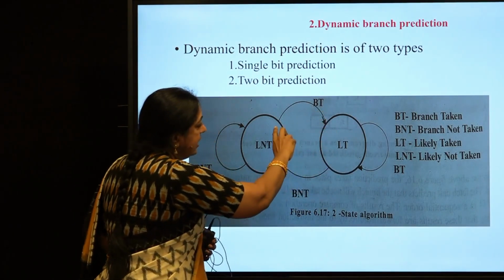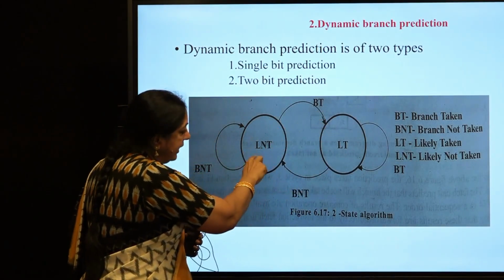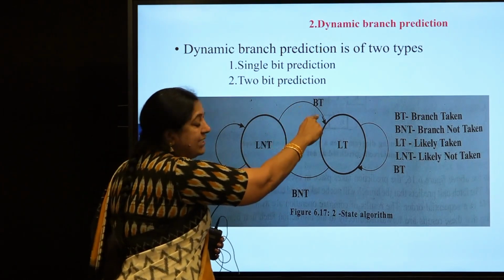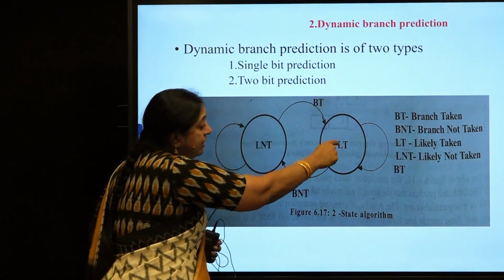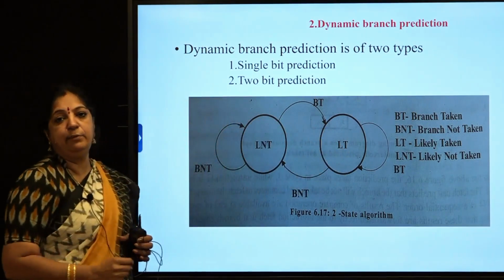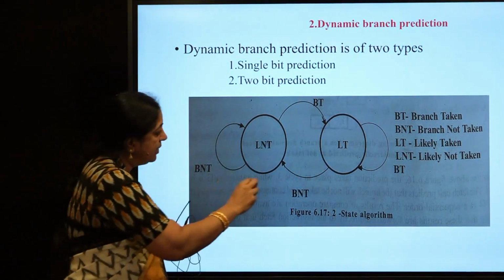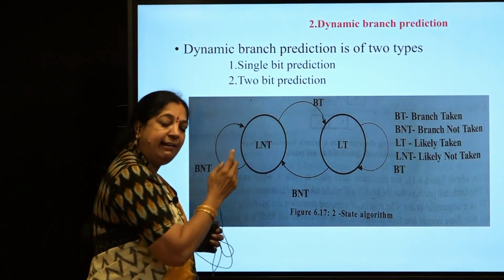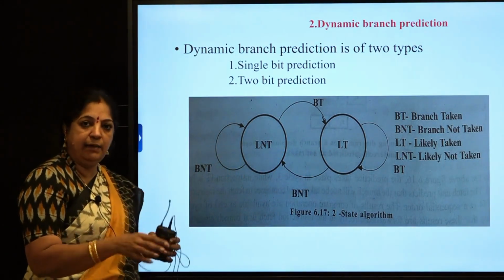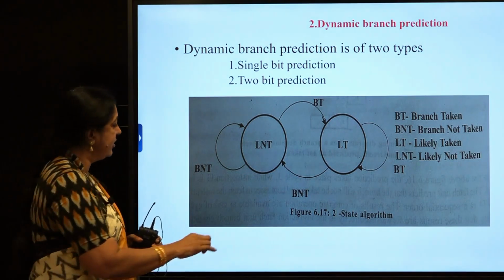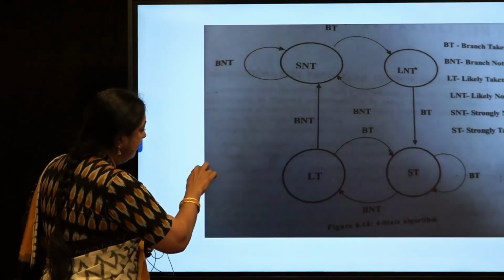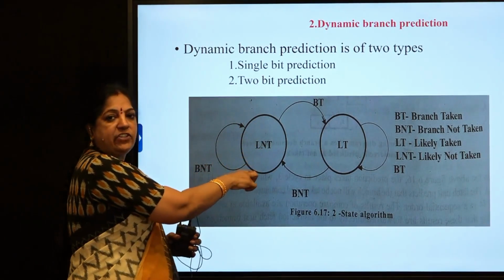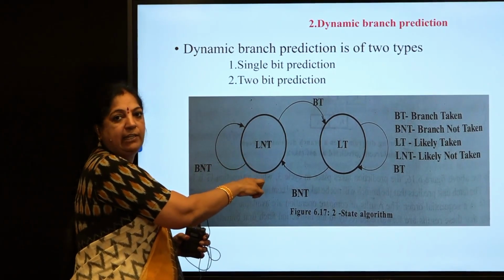Suppose the state is likely not to be taken, but still the branch is taken. Next time it will move to likely to be taken. Suppose it is likely not to be taken, and really there is no branch instruction in the instruction, then it is branch not taken, and again next time the prediction will also be likely not taken only.